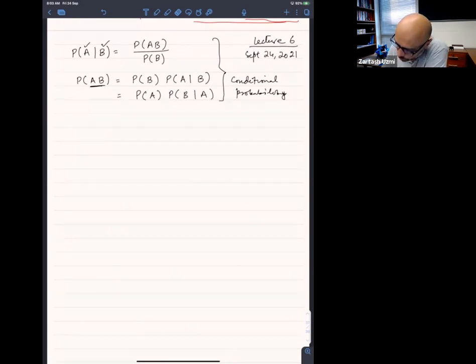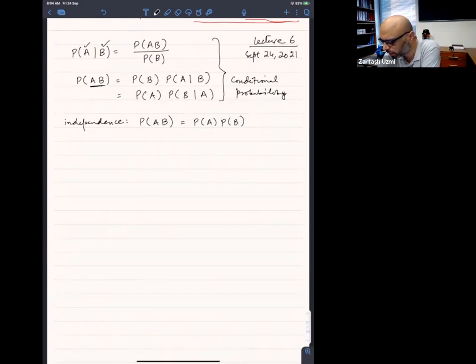Now, what is independence? Independence of two events A and B would lead to the following: the probability of A and B together is equal to the probability of A times the probability of B. If you can do that, then the events are independent.